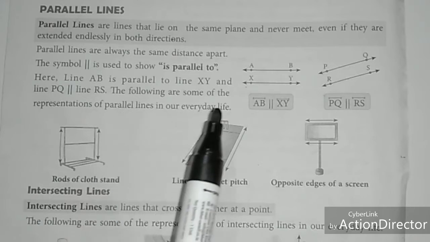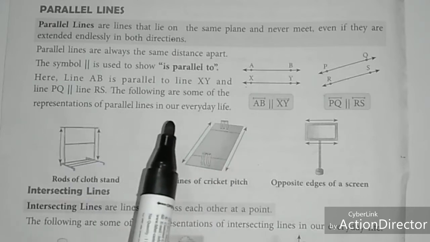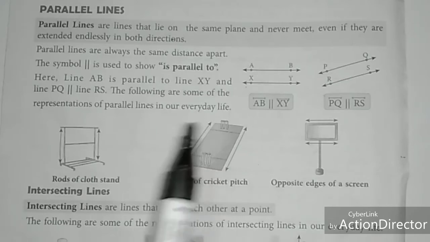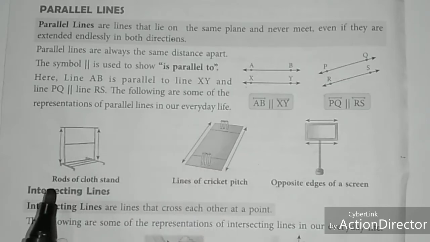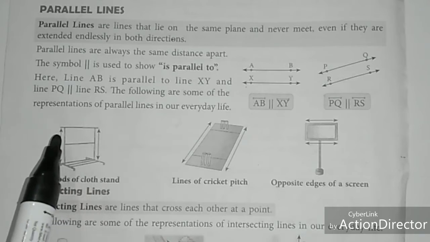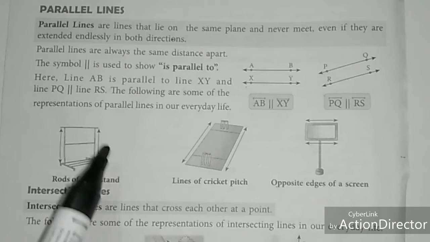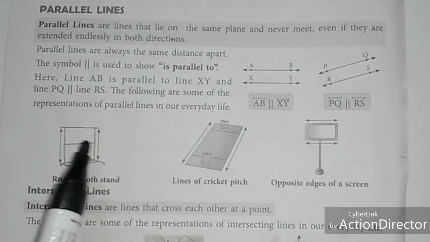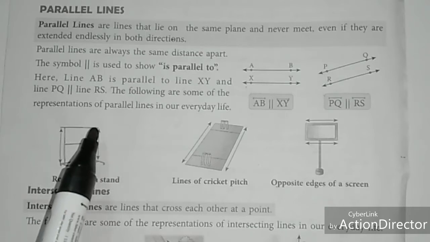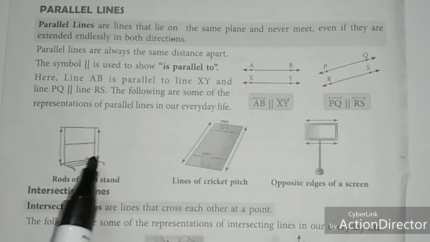The following are some representations of parallel lines in our everyday life. Like the rods of a cloth stand. These are the two side rods of the cloth stand. This line is parallel to this line, and these two lines also. This line is parallel to this line, and this line is parallel to this base.